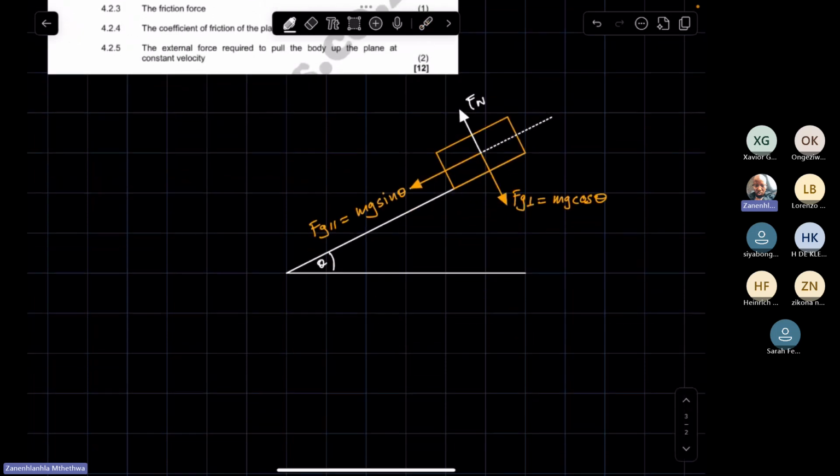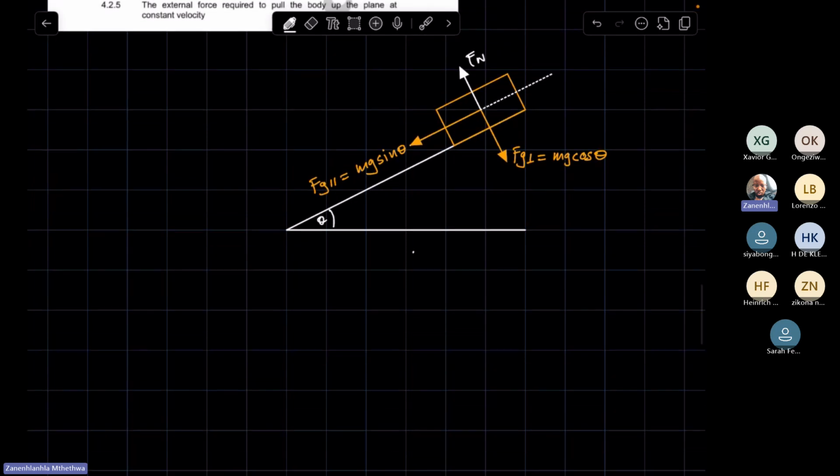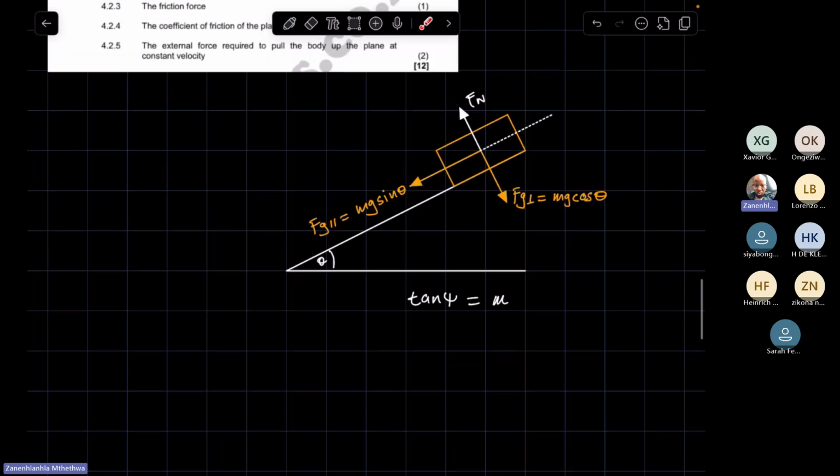Now, having our incline be the angle of repose suggests, aside from the fact that the object is going to move down the incline because of these components of the weight, it also suggests that tan of the angle of friction or angle of repose is equal to mu, the coefficient of friction. Right?